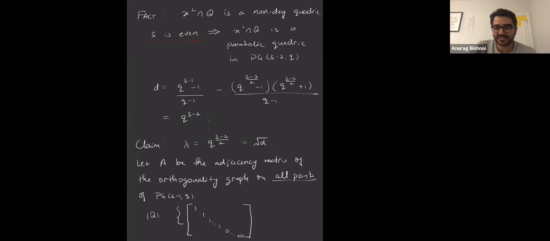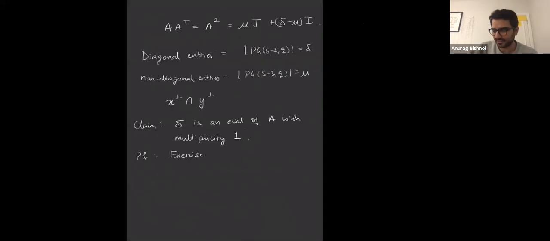If you take the all one vector and you multiply this matrix with the all one vector, then you just sum up all the rows, right? So that's a constant which is equal to delta. So that's one vector which is an eigenvector with this eigenvalue. And in fact, you can show it has multiplicity 1 by showing that this graph is connected. Even though it's not a simple graph, the same argument that we had earlier in the notes would work. Nice. So multiplicity 1, and the eigenspace of this delta is just the space spanned by the all one vector.